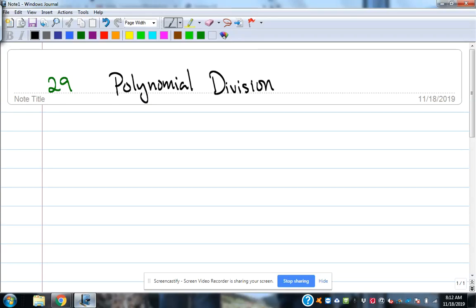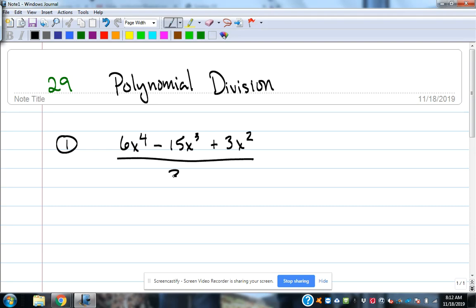All right, so polynomial division. Let's start with some review of some stuff we've done before. So 6x to the fourth minus 15x to the third plus 3x squared over 3x squared.